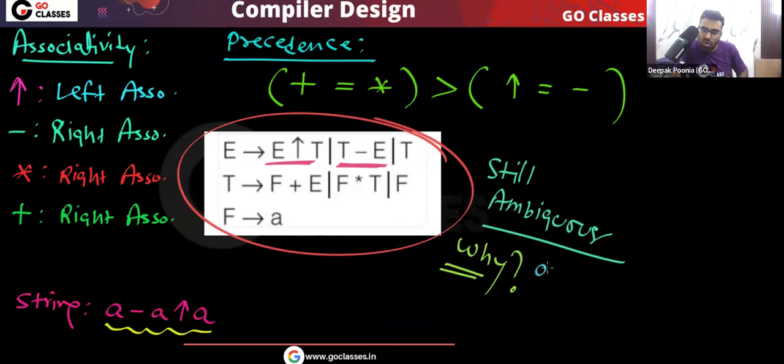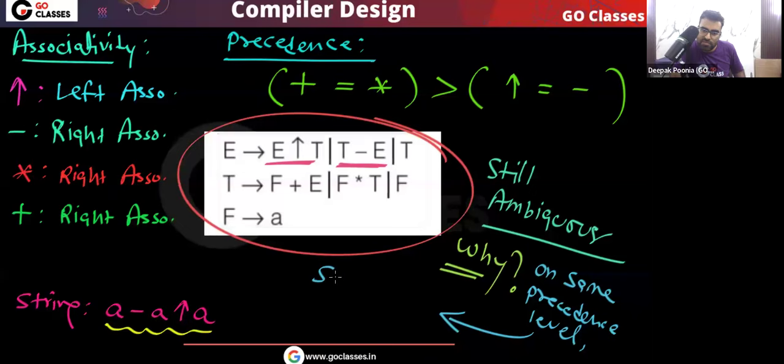Because on the same precedence level, some operator is left associative and some is right associative.